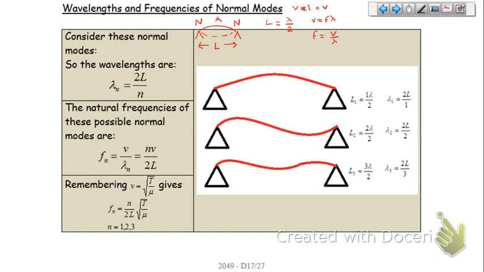So for this one, f is equal to v over, and what did we say? We said lambda is equal to 2L. So f is equal to v over 2L.